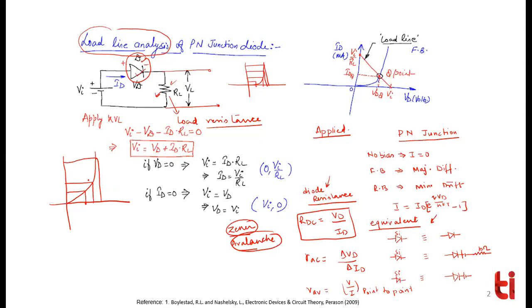The diode may be operating at any of these points, but depending upon what voltage and what resistance you have applied in the circuit, that will decide at what point the diode is actually biased.